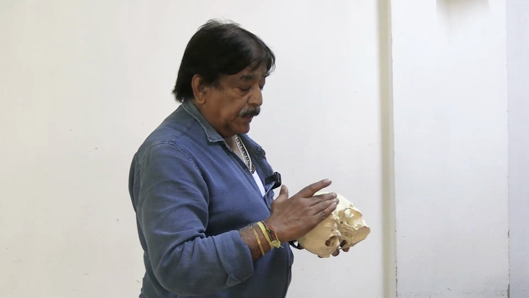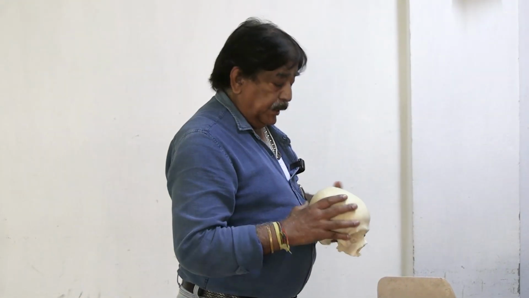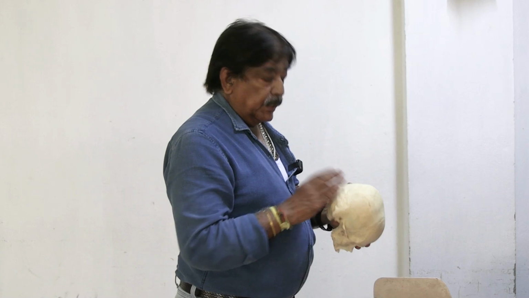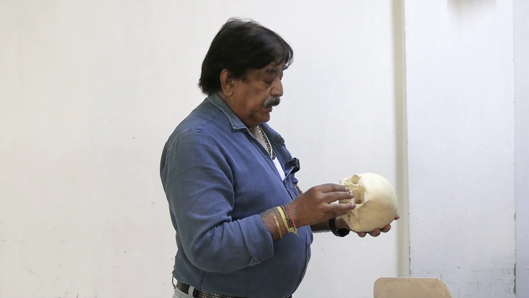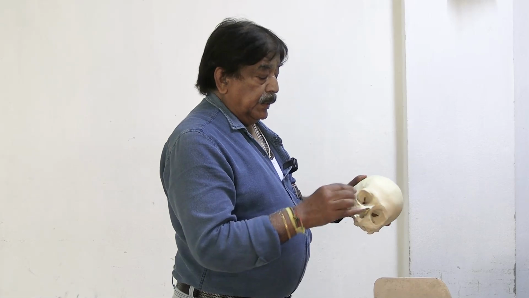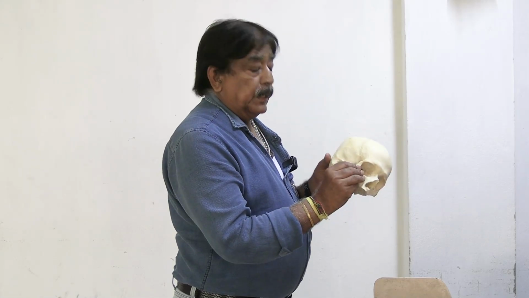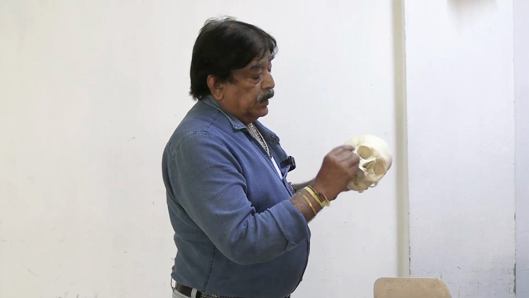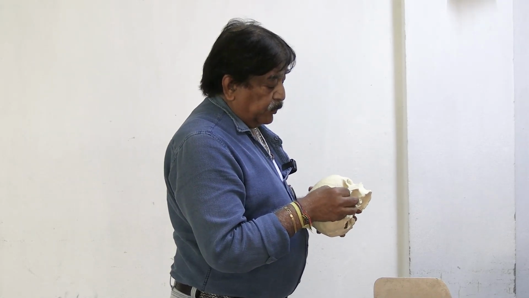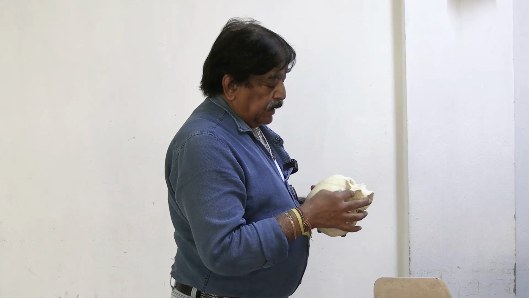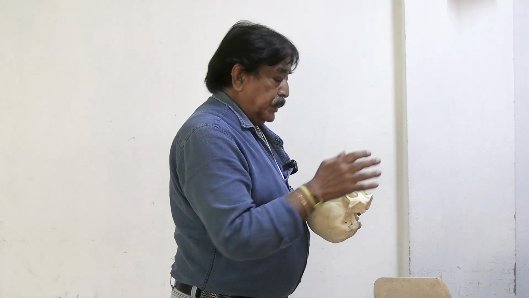It articulates with the temporal, with the frontal, and with the occipital, and the zygomatic process of the temporal bone, and this is the zygomatic. This is the orbit. These are the nasal bones.